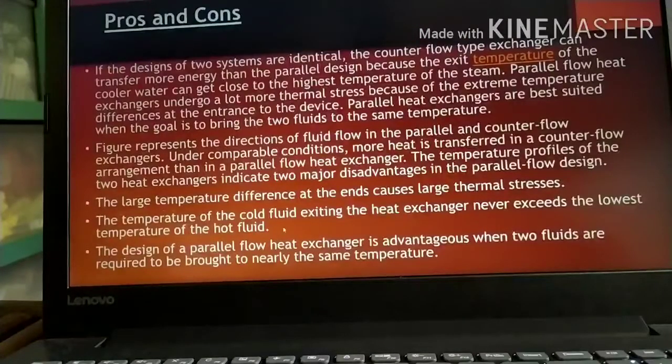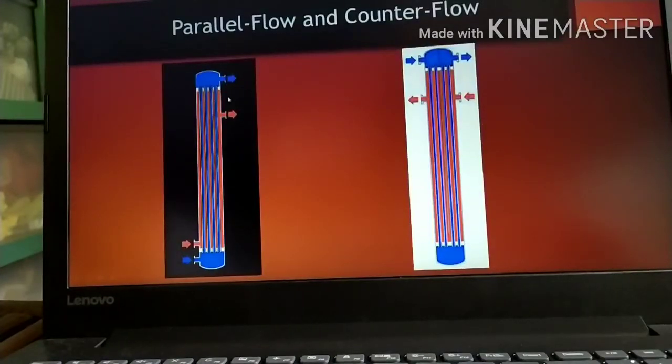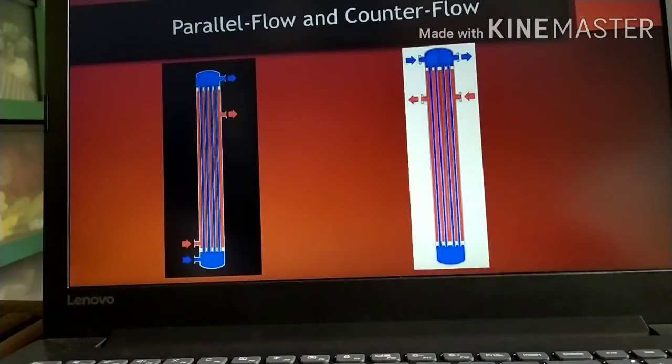So the temperature of the cold fluid exiting the heat exchanger never exceeds the lowest temperature of the hot fluid. So here the fluid does not reach the desired or the lowest temperature because it is flowing parallel.